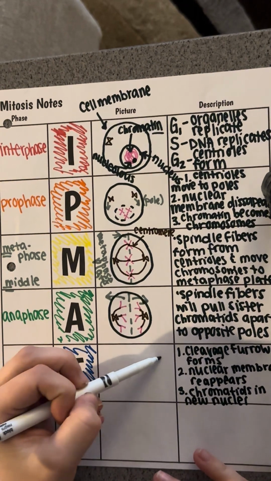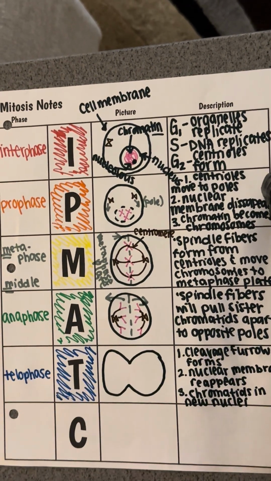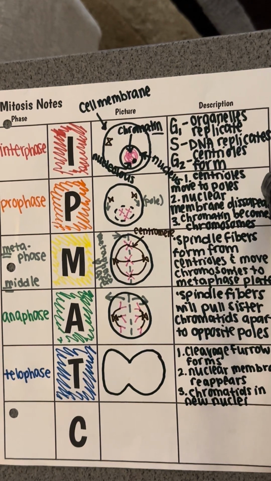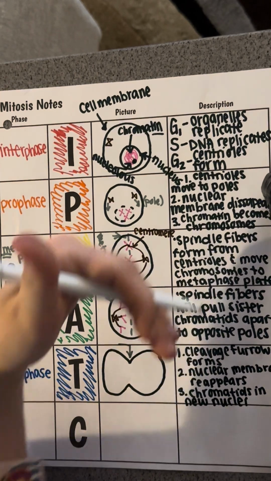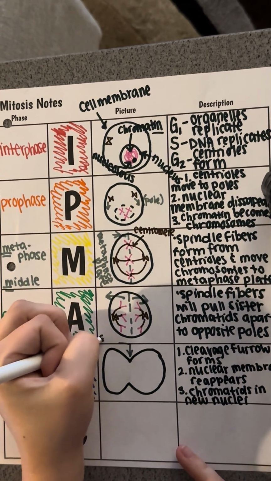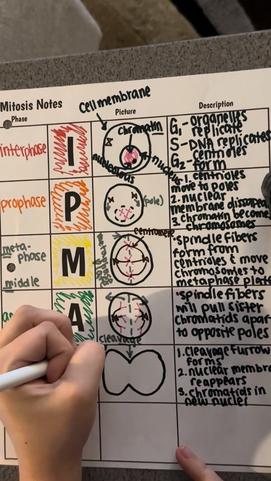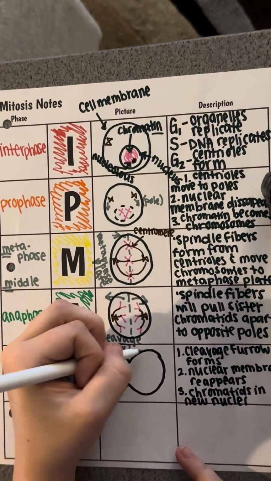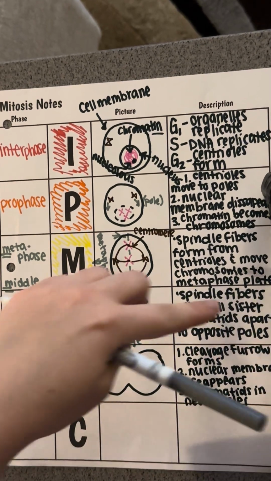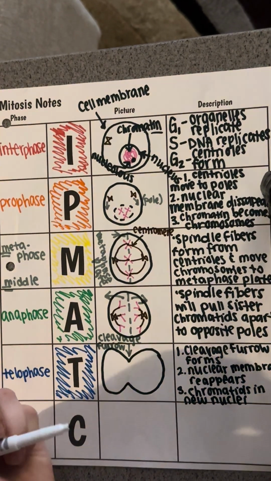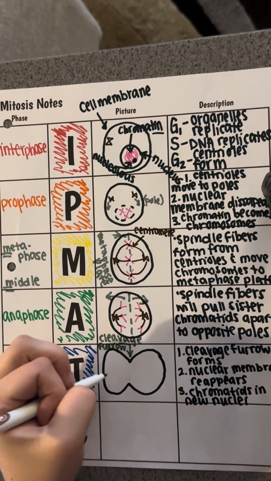Okay, this picture is going to be a bit different. Right here, this part where it goes in is the cleavage furrow. You can think of a furrow like when you furrow your eyebrows, they go in like this shape. We're still going to have our centrioles.